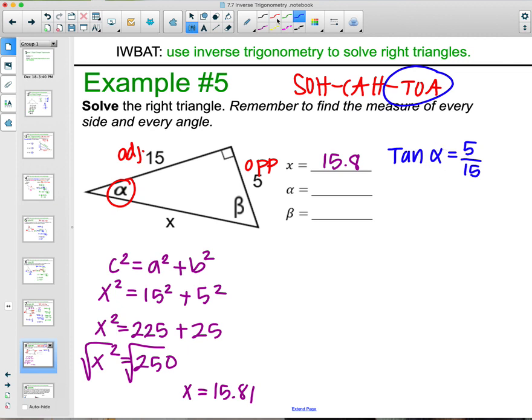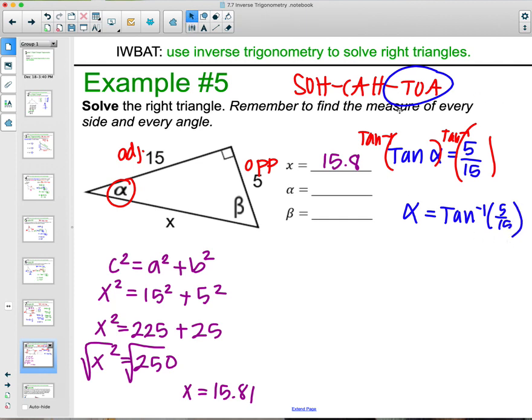So now I want to get alpha out of there. So I will do the tan inverse to both sides like we've been doing. That way the tan inverse and the tan cancel and you get back alpha. And then on this side you have tan inverse of 5 over 15. And you'll just type that into your calculator.